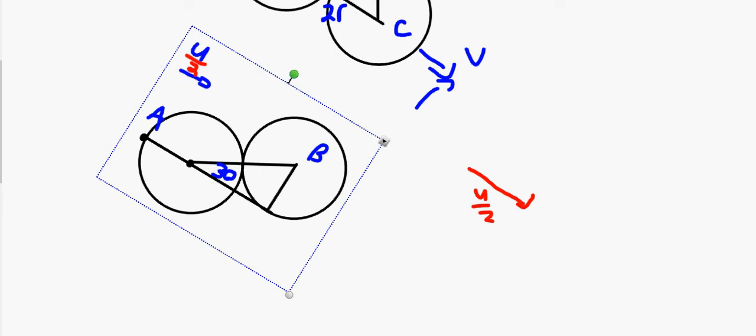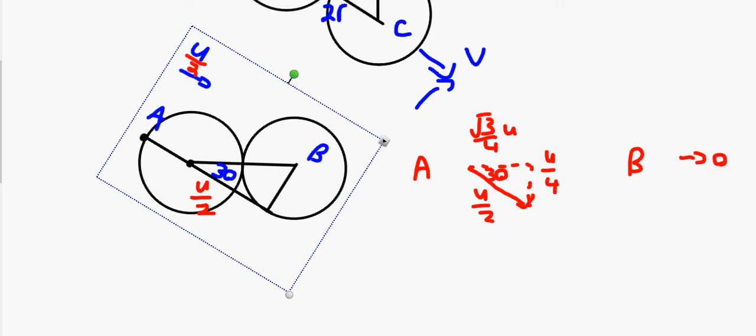That's your 30 degrees. Okay, and now we're going to do u over 2 sine 30 and u over 2 cos 30, and we're going to get root 3 over 4 u, and we're also going to get u over 4. B isn't moving, so it's going to go across at 0, and it's going to go up at 0 as well. Now we're going to do the speeds after collision.